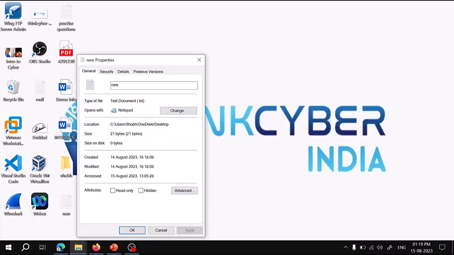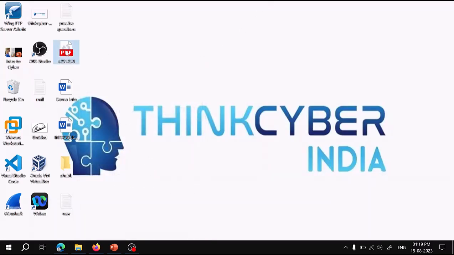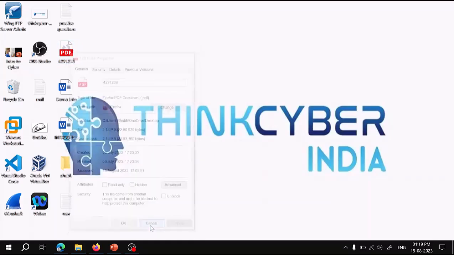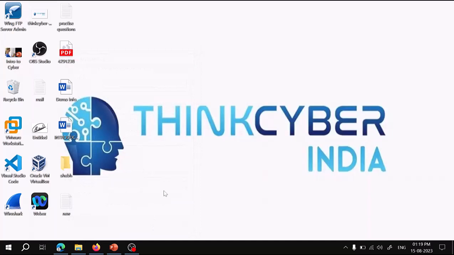Its digital size is 21 bytes. Similarly, for a PDF which has more size, we'll see 2.8 MB, right?